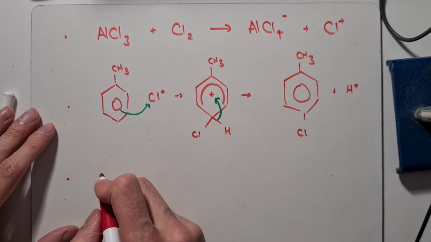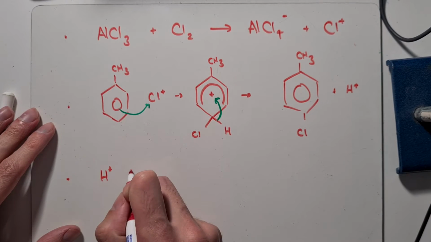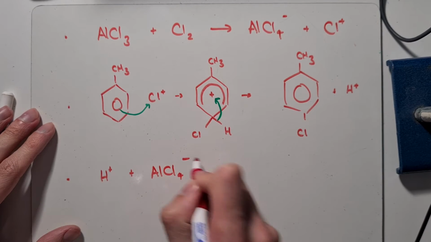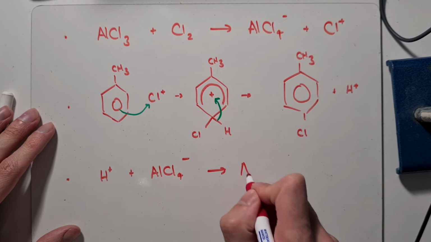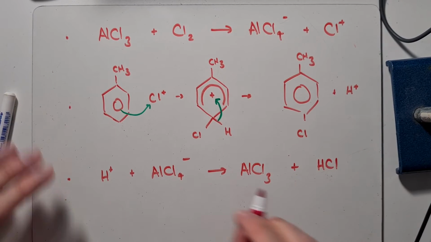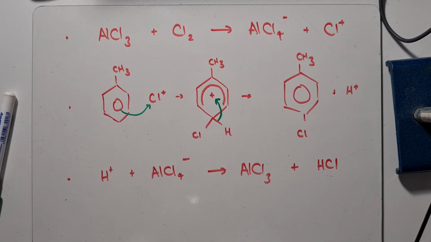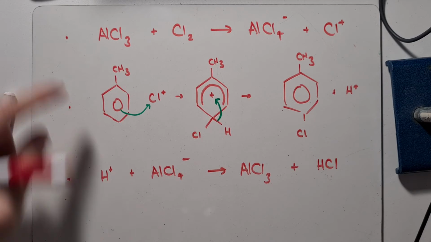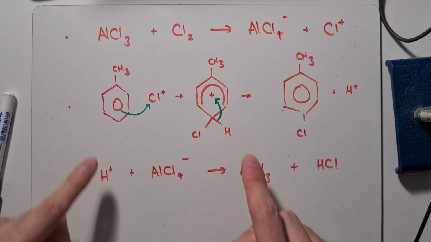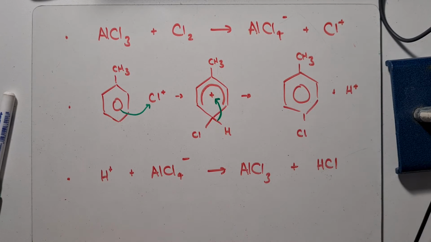And so in our third and final step, we'll have H+ reacting with our AlCl4- to regenerate our catalyst plus HCl. So that's 5 marks. 1 mark for this part, 1 mark really for each of these, and then 1 mark for that.